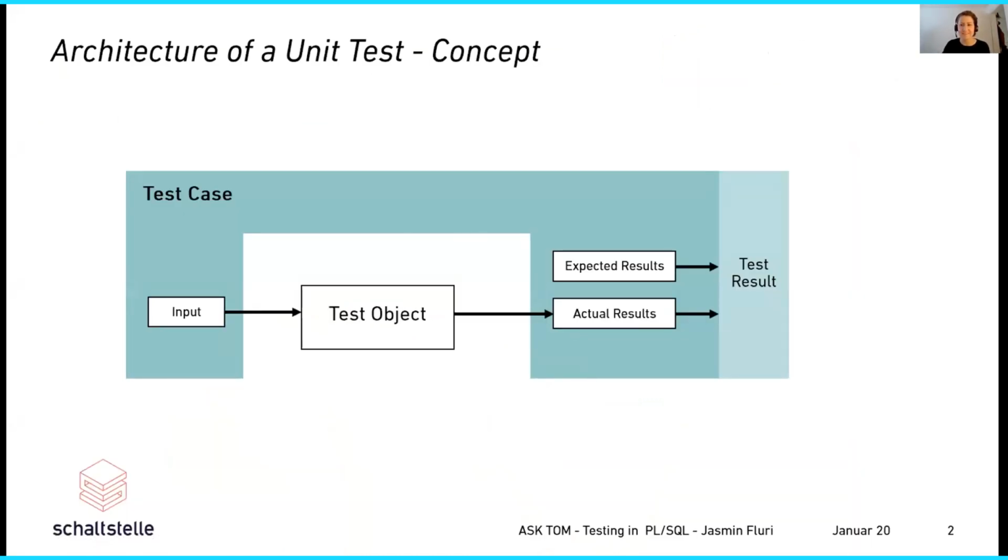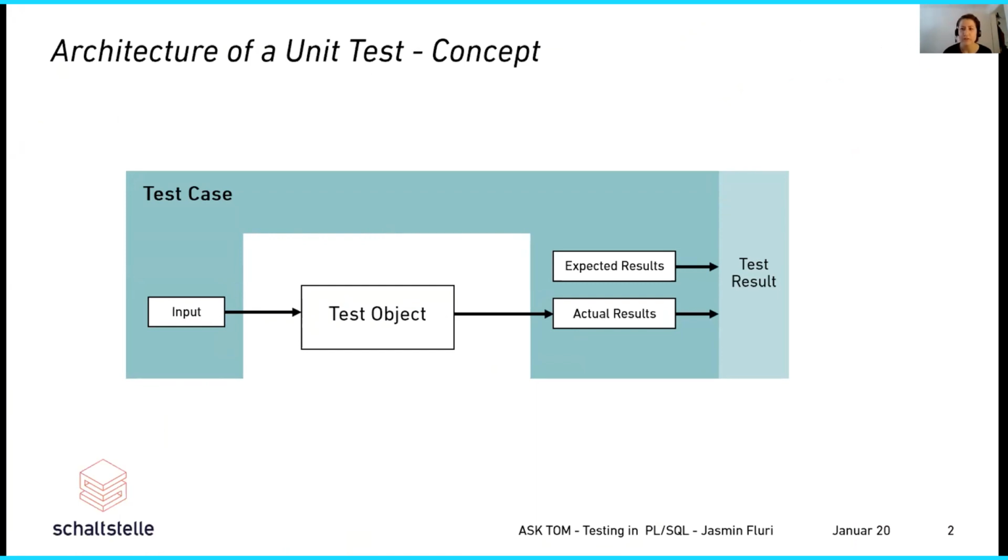So Dee already showed us some examples of unit tests before. What I want to show here is maybe something for the newbies who have never seen a test case in concept. I call it the architecture of a unit test. We see a test case that calls a test object and delivers the actual results.